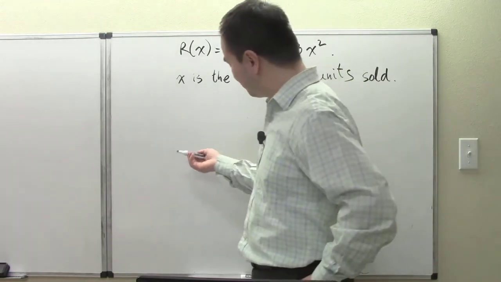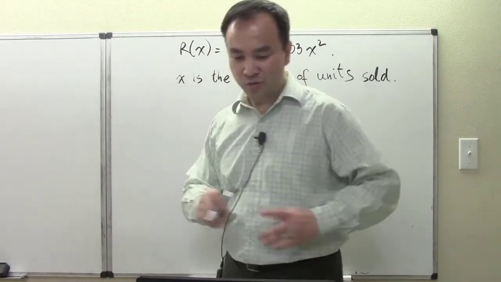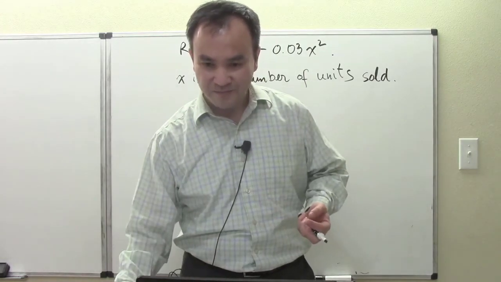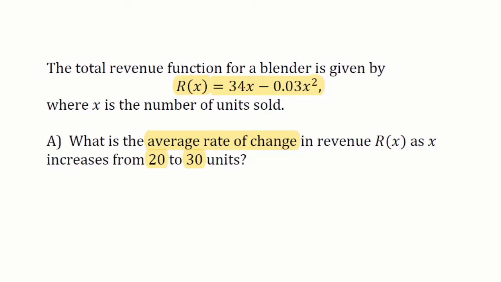So here the question is to find the average rate of change as the number of units increases from 20 to 30.